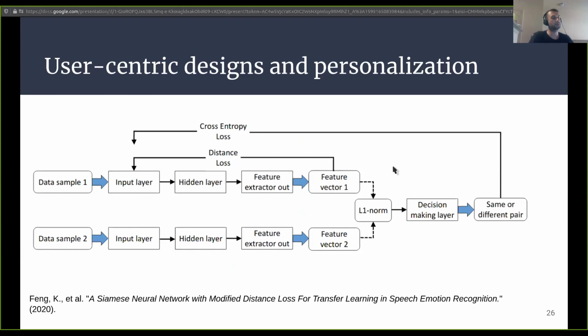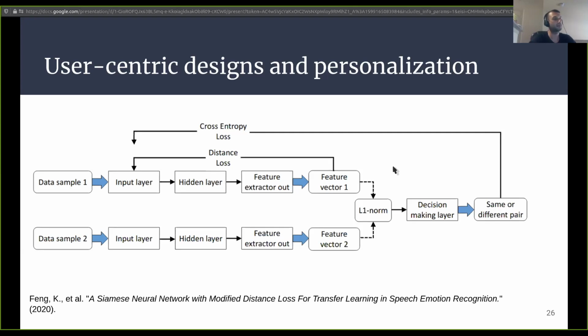Another approach, very recent, published in 2020 by a group in Texas A&M, is again a deep learning approach where a Siamese network is used. Siamese networks use pairs of data.